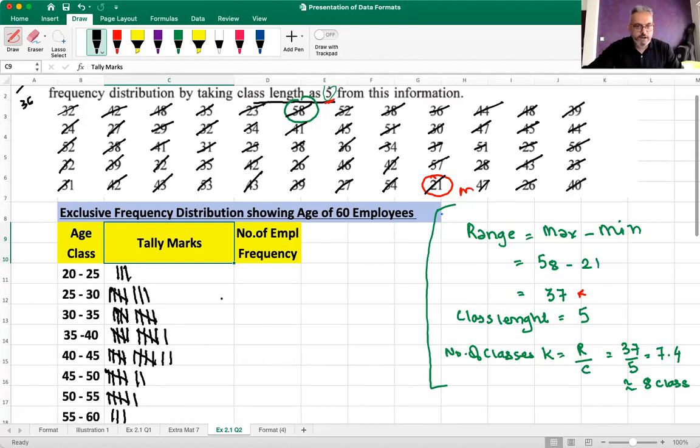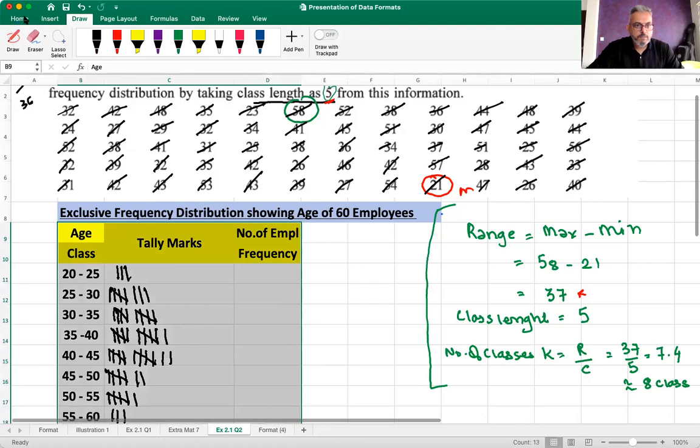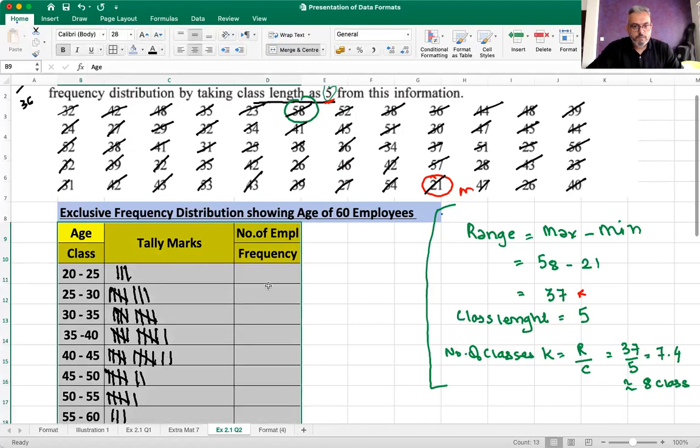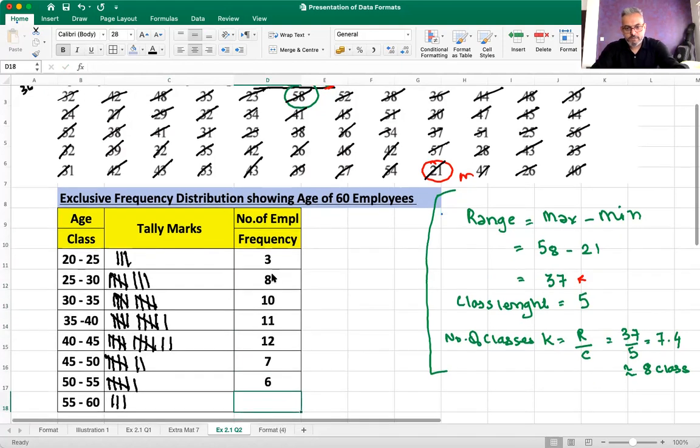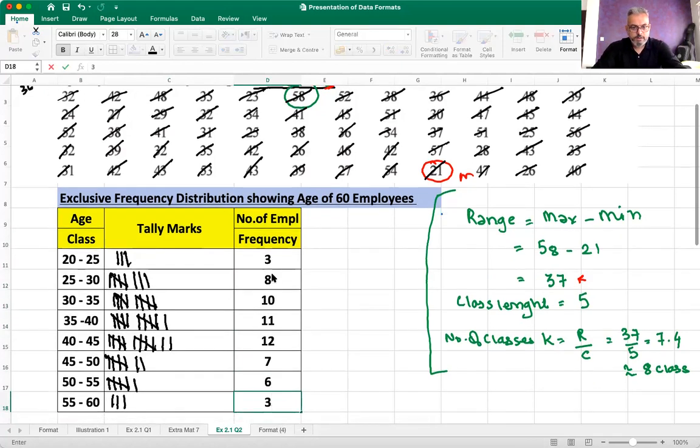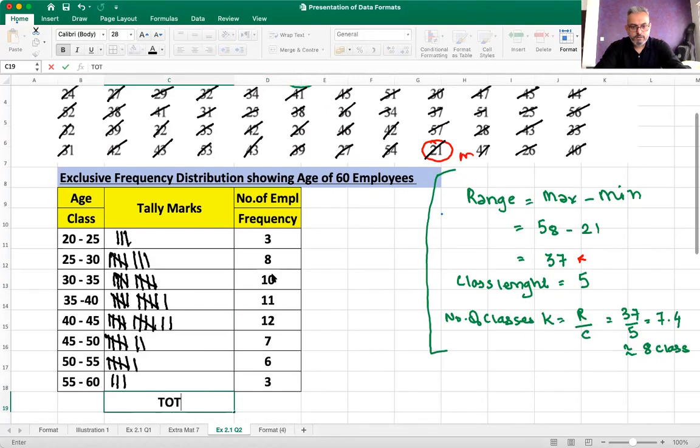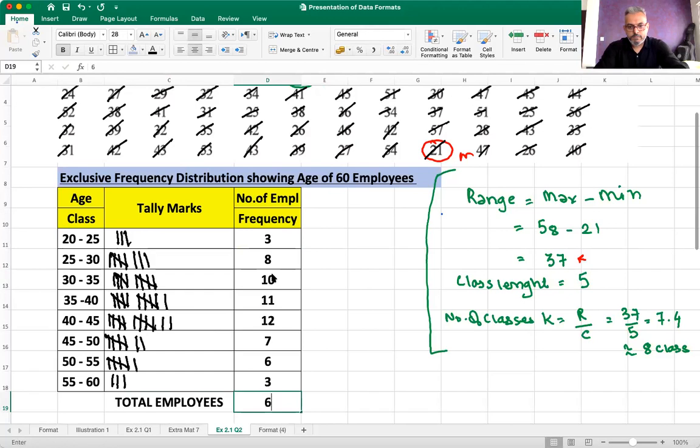Now, let's count: 3, 8, 10, 11, 12, 7, 6, 3. Total employees 60.